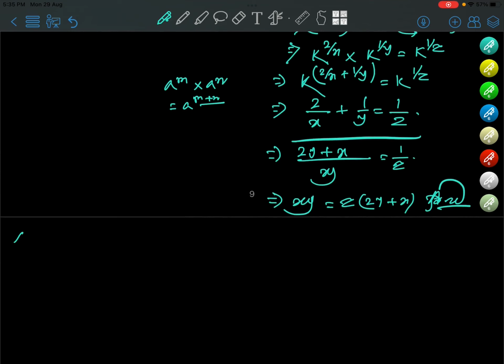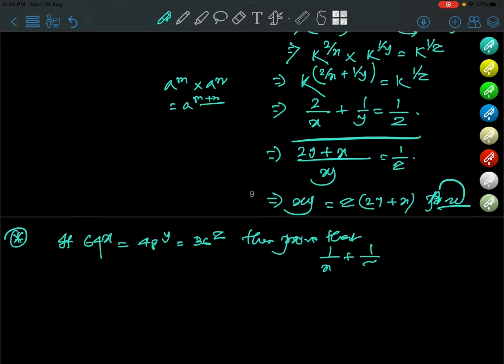Now the next one is, if 64 to the power x equals 48 to the power y equals 36 to the power z, then prove that 1 by x plus 1 by z equals 2 by y.